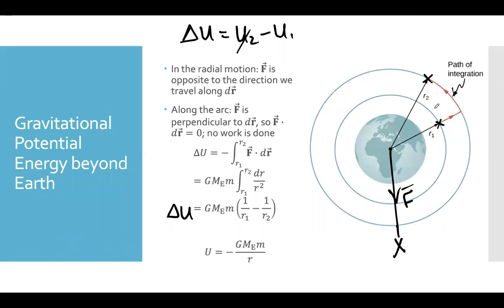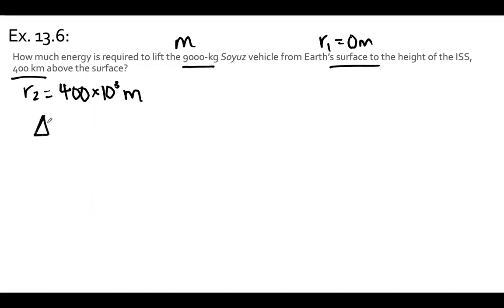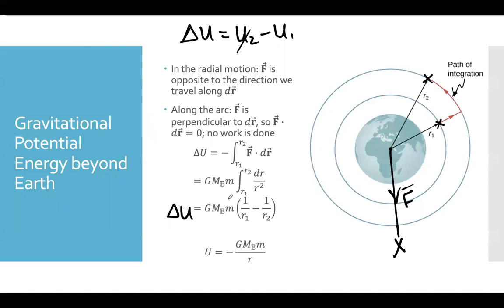Okay, so let me go ahead and write this out. We've got delta U is going to equal U2 minus U1. And then we have this equation here, but we're looking for this one, right?